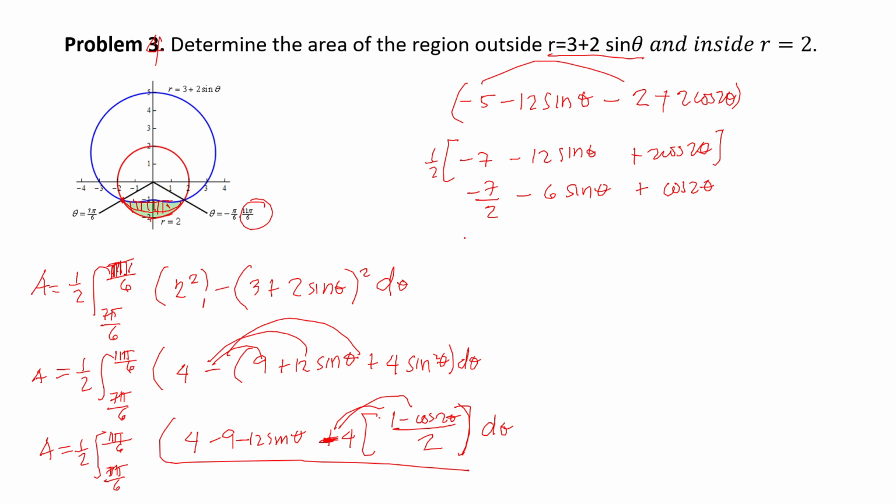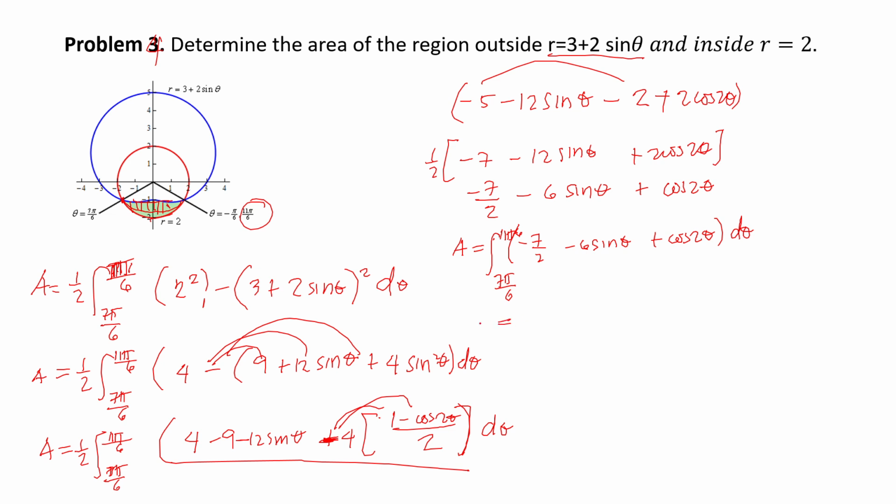Okay, next we need to integrate now. The area is equal to the integral of negative 7 over 2 minus 6 sine theta plus cosine 2 theta d theta from 7 pi over 6 to 11 pi over 6.